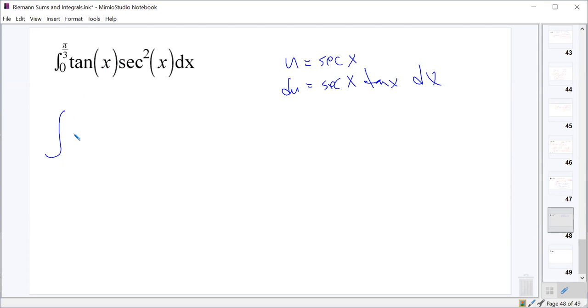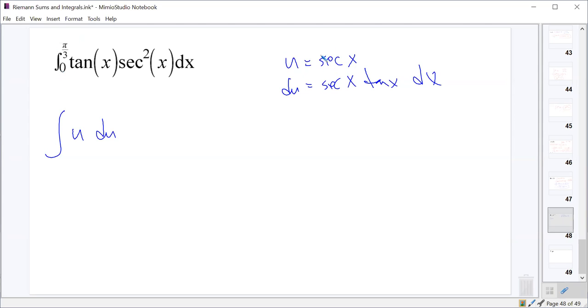So this becomes an integral of just u du. Although we do have to do what? Anytime we have a definite integral and we do a u substitution, we need to convert these x values of 0 and pi over 3 into u values. If x is 0, what is u?